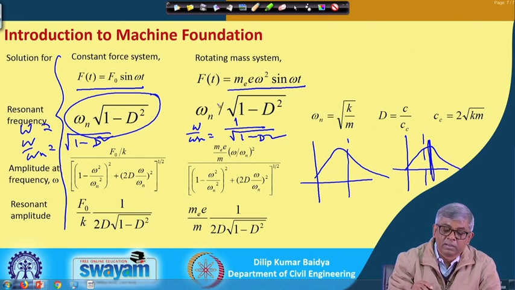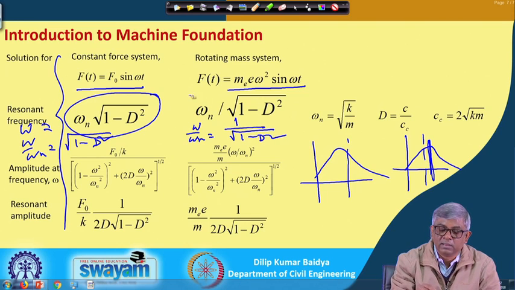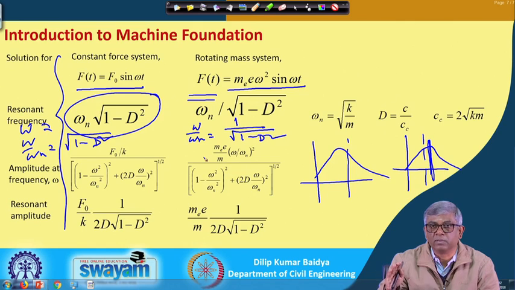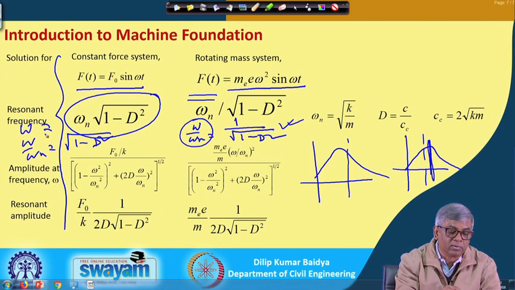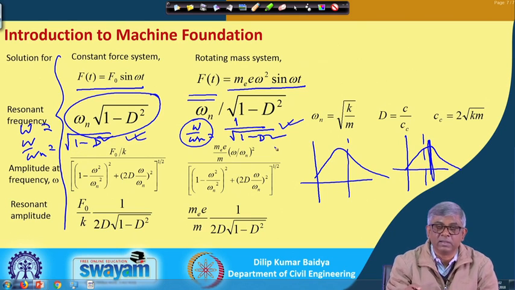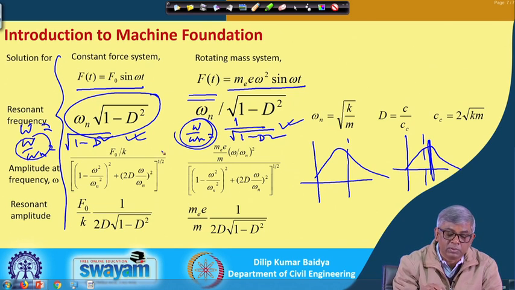That means for the constant force system resonance occurs before the natural frequency, whereas for the rotating mass system resonance occurs after the natural frequency, when the operating frequency crosses the natural frequency. So the ratio is 1 by under root 1 minus d square here, and in the constant force system omega over omega n equals under root 1 minus d square. This is the difference you have to remember. This frequency ratio, if you substitute it in the general equation, then you will get the value at resonance.